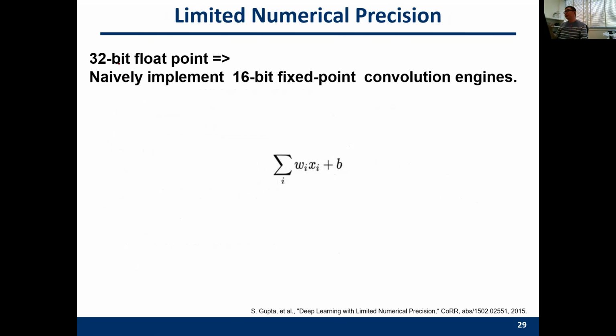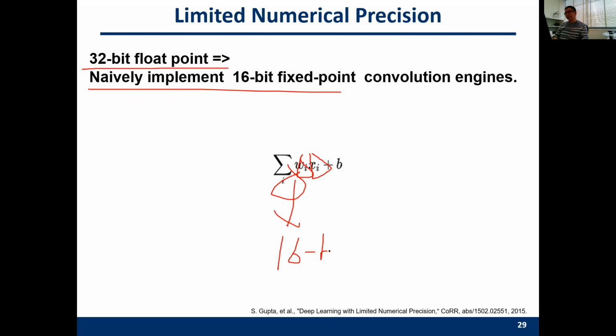For example, typically we use 32-bit floating point to represent this W, and also this X. So naively, we can just reduce the bit width of W to 16-bit fixed point.